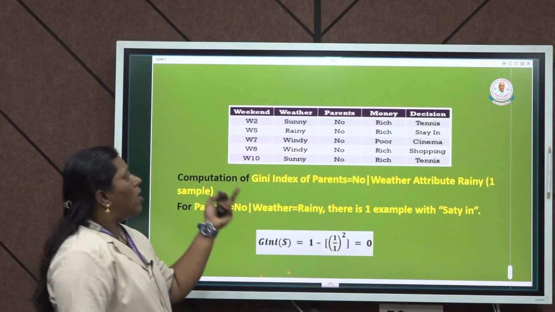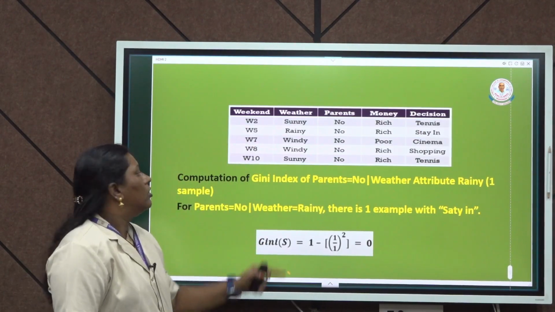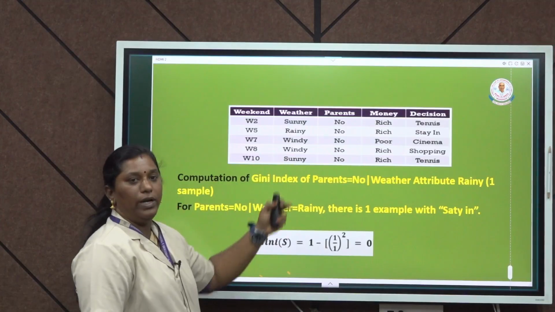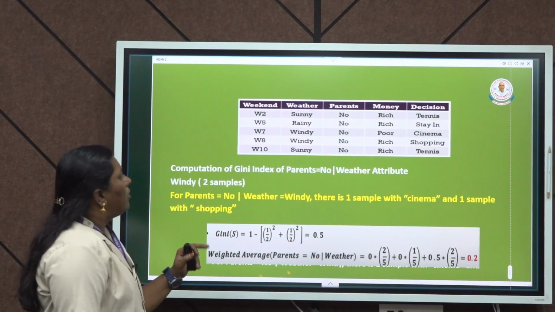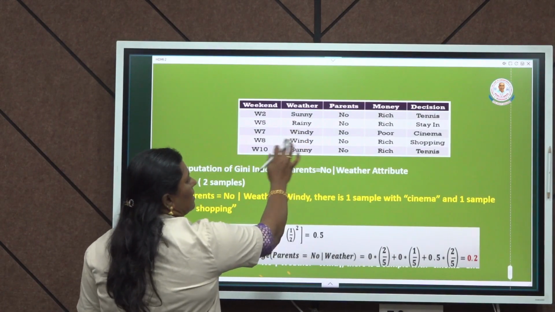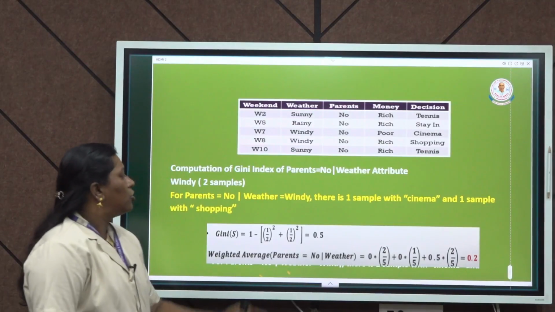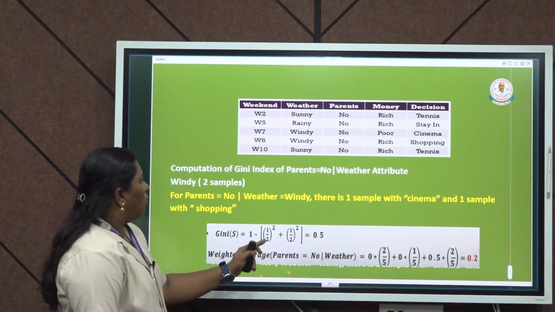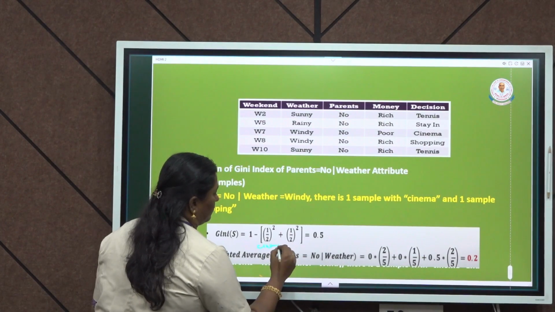Next, the remaining variable is windy. Windy has 2 samples, one is cinema and the other is shopping.